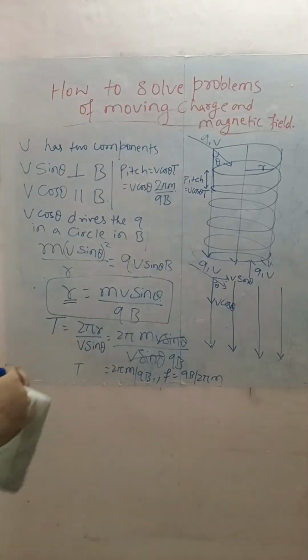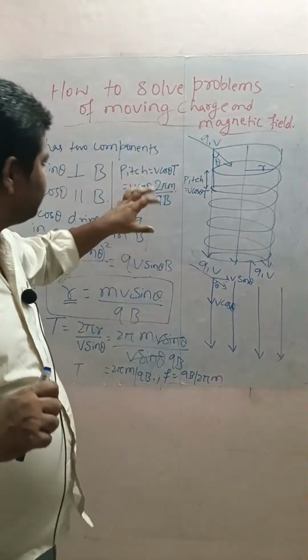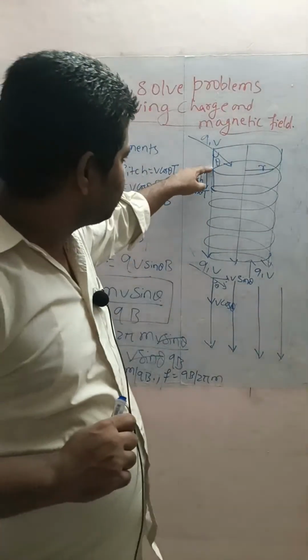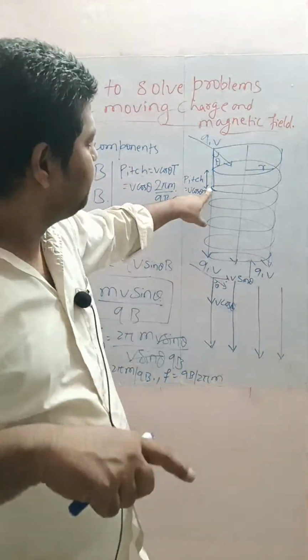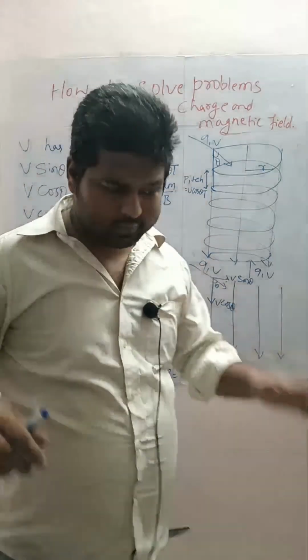Clear? 2 pi m by qB. This is your pitch, meaning the shift between consecutive circular loops forming a spiral. Clear? This is a slightly tough question.